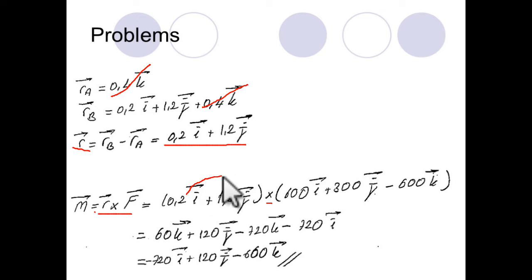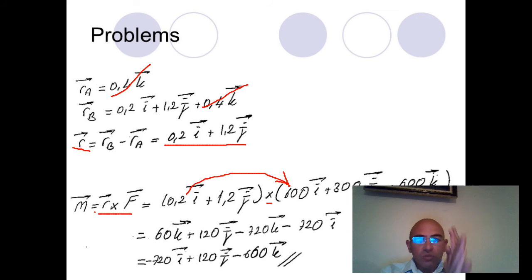So first we multiply i with i. 0.2 i multiplied by 600 i. If you multiply 0.2 with 600, you are going to find 120. But i cross i will give us 0 because they coincide. Both vectors are in the same direction. That's okay.